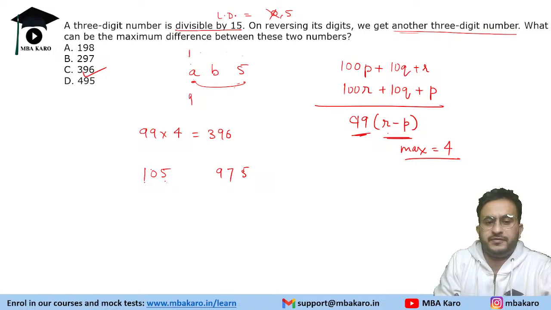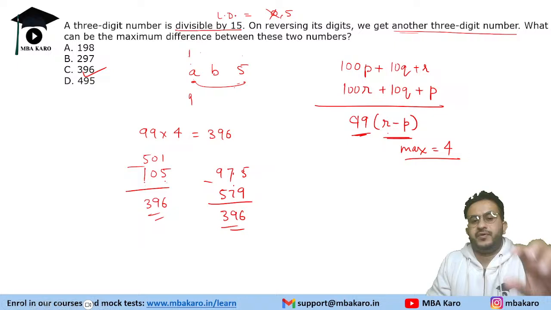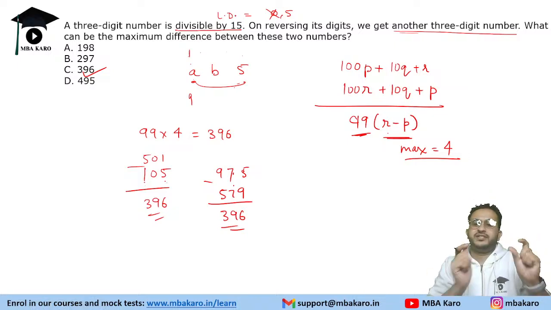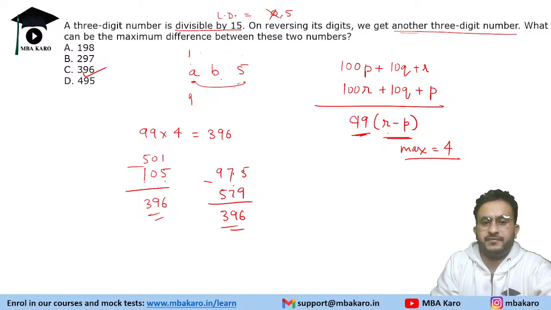If you take the reverse, this is 501, so the difference will be 396. And if you take the reverse of 975, 579, you will get 396 again. Because see, the central digit is insignificant. So the maximum we can have is 396. When you have a three-digit number, it is about the first and the last digit. The middle digit has no significance when you take the difference.